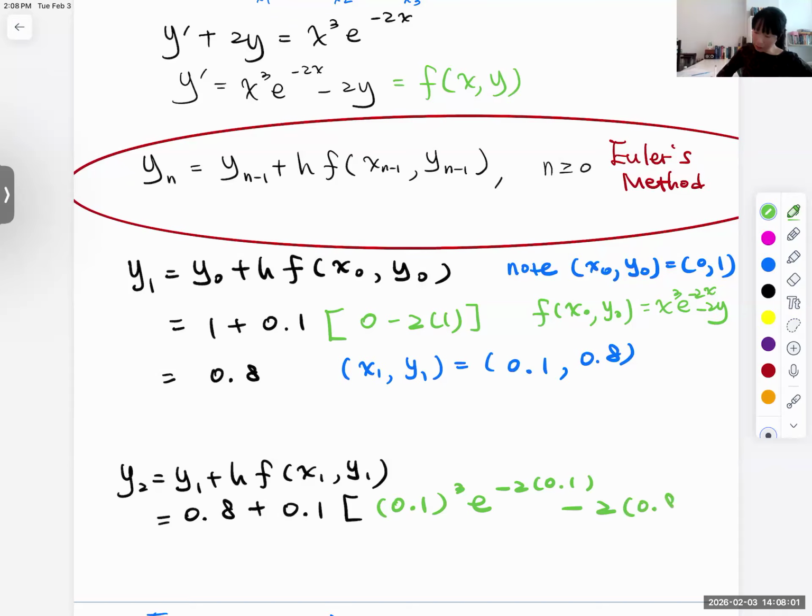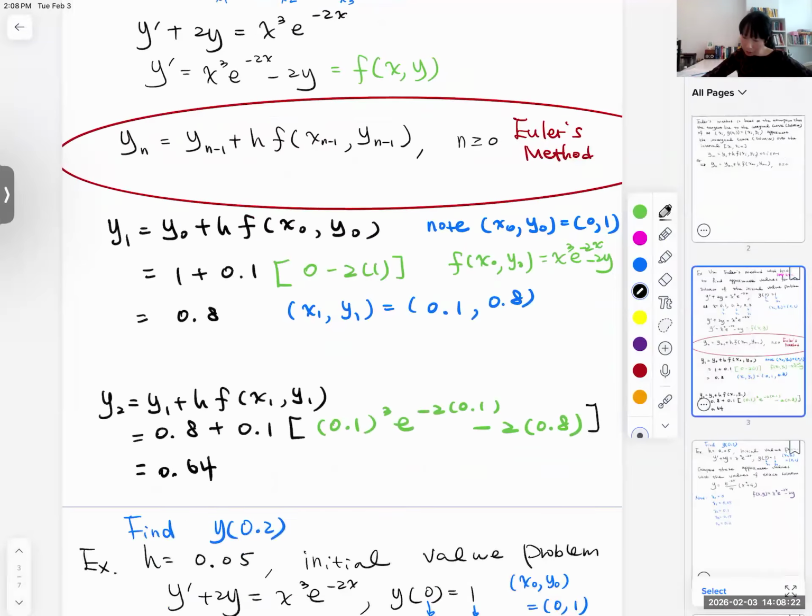Make sense? Do you understand what we are doing? Okay, now, can you please calculate everything? So we get 0.64.